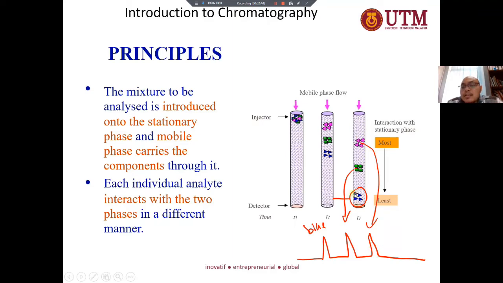The analyte that has the least interaction with the stationary phase, or doesn't love the stationary phase, will elute earlier. In this situation, the blue one will reach the detector first, or we can say elute first. So the first one is blue, the second one is green, and the third one is the purple one.